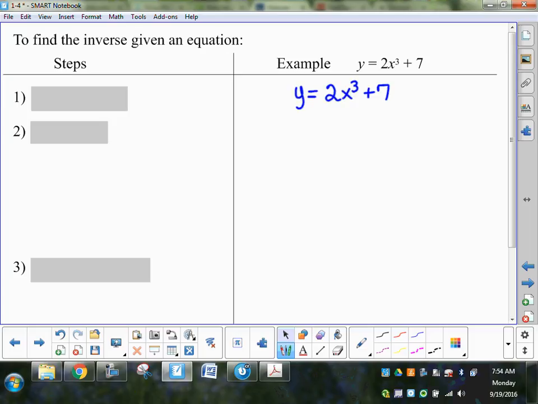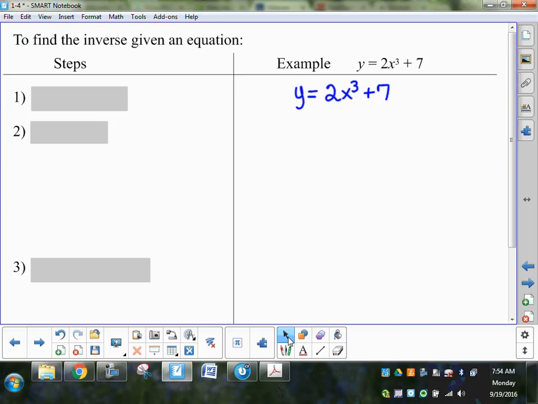What would your first step be to find the inverse? Reverse the steps. No? You should have listed it out when we did it before. If you've got an equation, you've got to find the inverse. What did we write out? Switch the x and y.